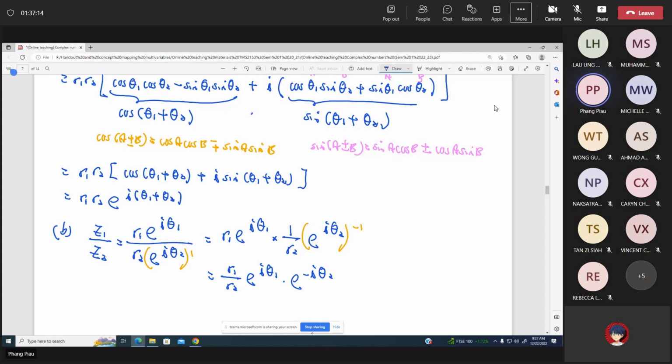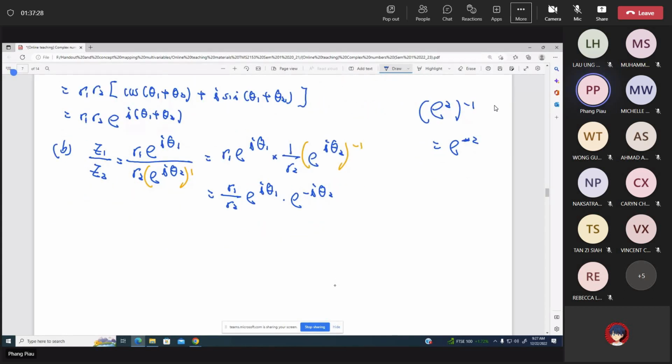Now still remember, if I have the exponential of negative 1 times 2, it is just the same as exponential negative 2. So that's the meaning. If you have this already, you can use the index, because when index is multiplied, it's actually plus. So you have R1 over R2 exponential i theta 1 minus theta 2.